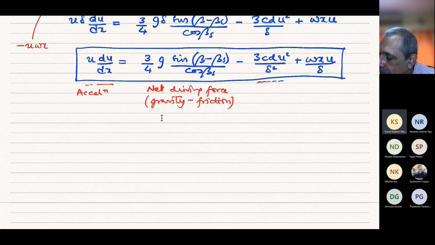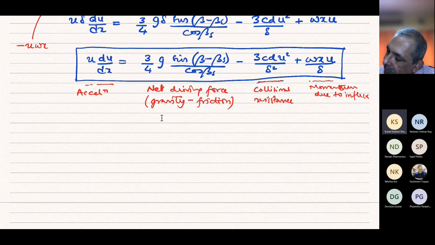This one is the collisional friction or collisional resistance, and this is the momentum due to the influx of particles through the interface. So this is correct.